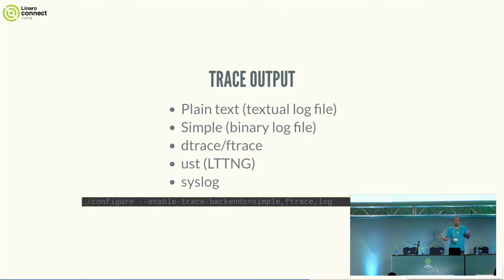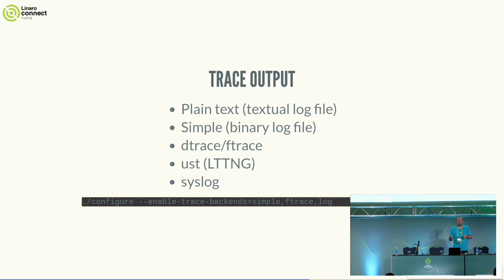One advantage the tracepoint API has is you can have multiple different types of output. The default is plain text, and it will use the existing logging system and output a text rendition of the tracepoint. We also have what we call simple, which is basically a binary logging file, but that's a lot better if you want to have compact data.